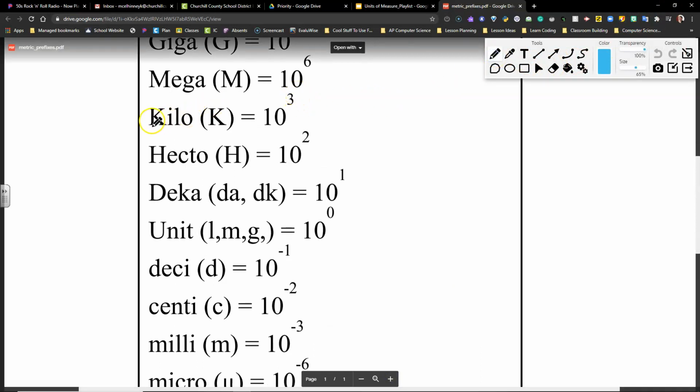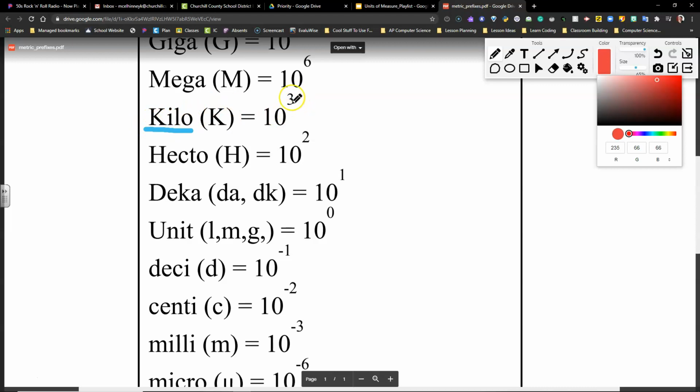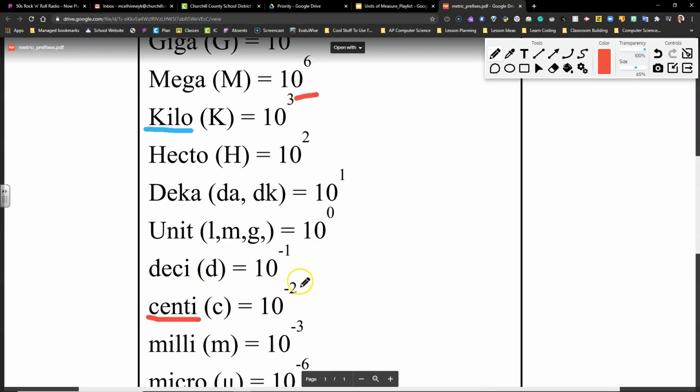So right here is kilo, right? That is 10 to the third. Right here is centi, and that's 10 to the negative 2. So from here to here, that's 3 powers of 10.